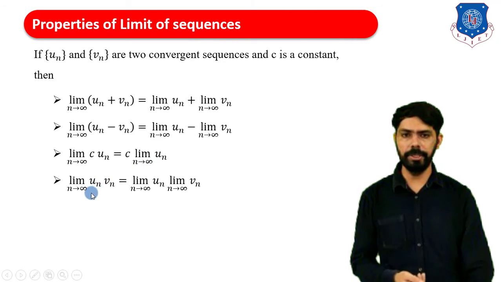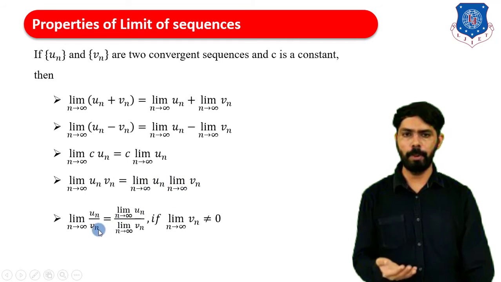Then the fourth property is limit n tends to infinity un vn is equal to limit n tends to infinity un into limit n tends to infinity vn. The fifth property is limit n tends to infinity un divided by vn is equal to limit n tends to infinity un divided by limit n tends to infinity vn, if limit n tends to infinity vn is not equal to 0.